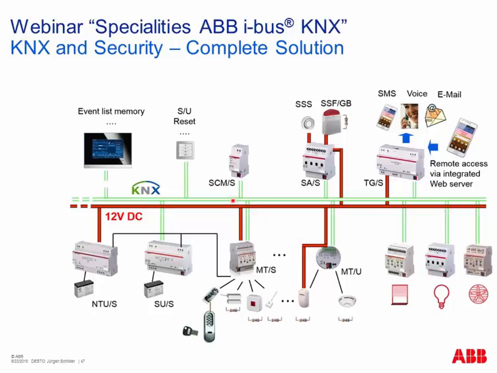Depending on our system state, we set or unset the system. Also, the other KNX devices are listening and react. In case of an intrusion alarm, for example, the siren goes on, and the information also reaches our switch actuator, and all lights go on. For example, the shutters drive to the up position, and so on.